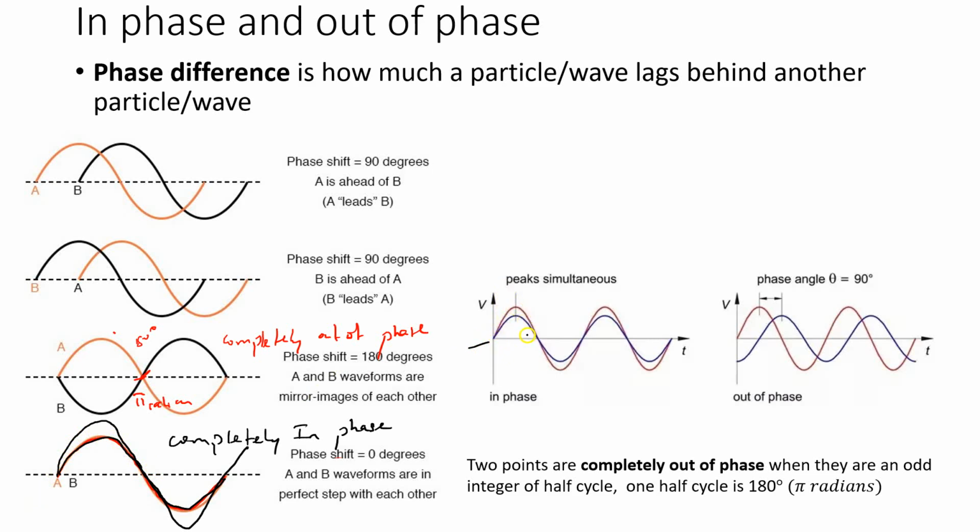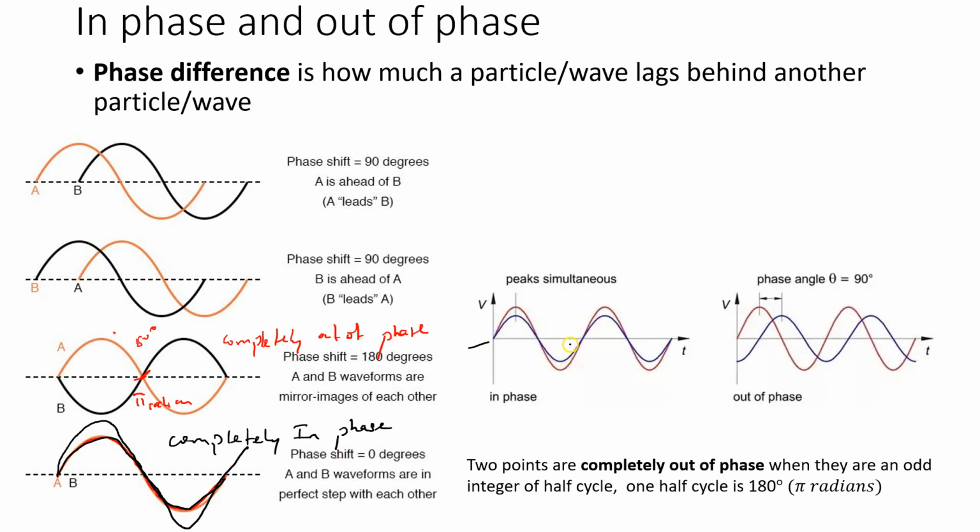And by being in phase, it means that they would essentially have a phase shift of 0, because none of them is lagging behind the other.